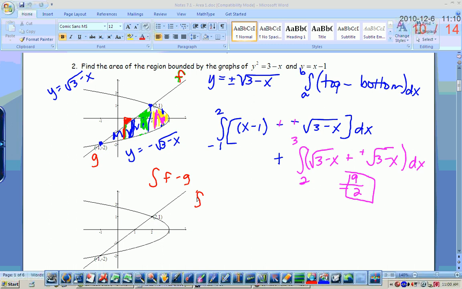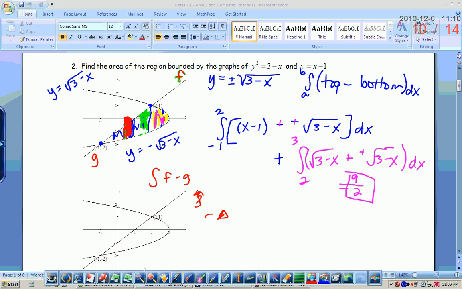And when you integrate G, you get the entire area between the x-axis and G, but it's also negative. So you're taking this little negative number and subtracting a bigger negative number, and that minus a negative becomes a positive. So that's why you just get a positive area between the two curves.